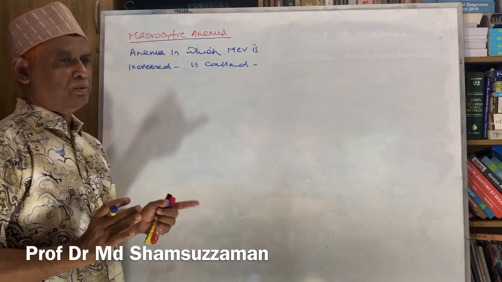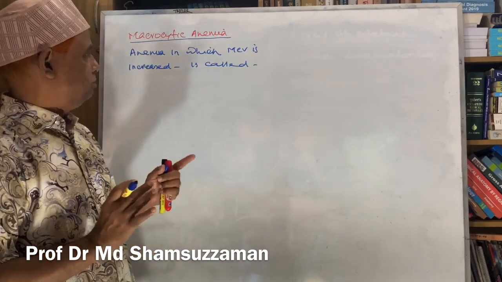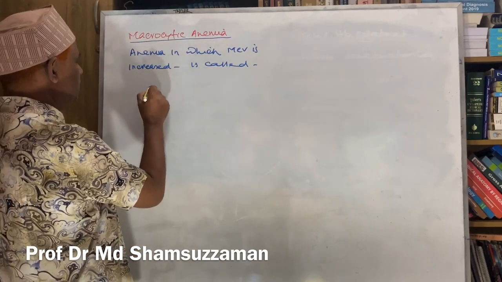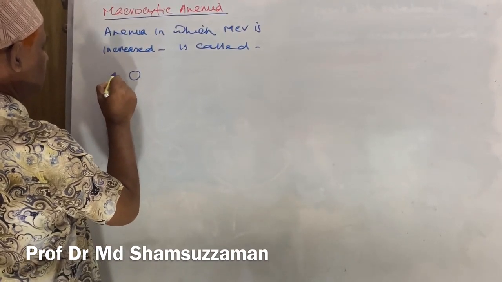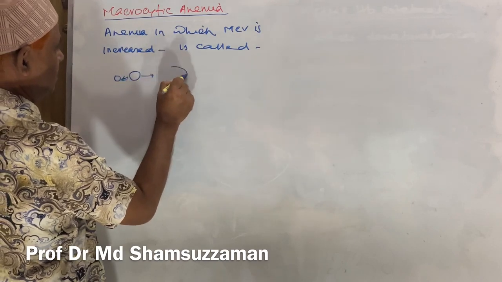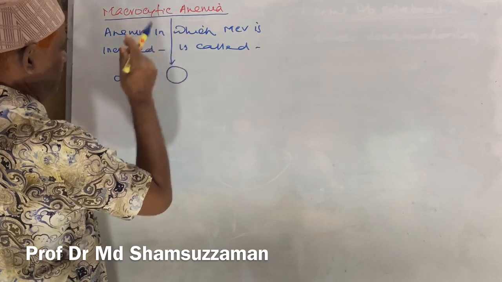So in microcytic hypochromic anemia, RBC is reduced in size, while in macrocytic anemia, RBC size is increased. Compared to the normal size of RBC, a smaller size is called microcytic hypochromic. If the size is increased, by definition, this is macrocytic anemia.